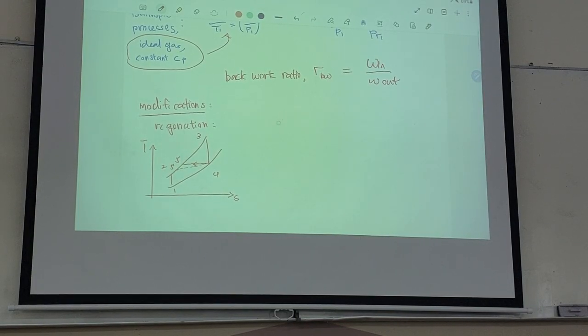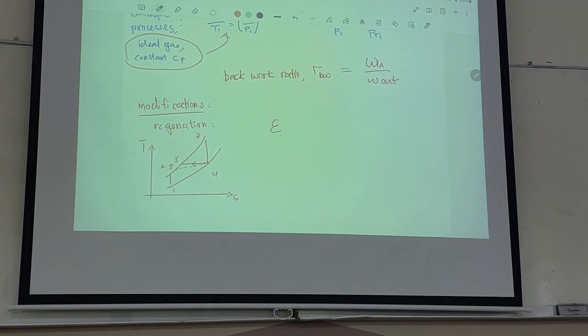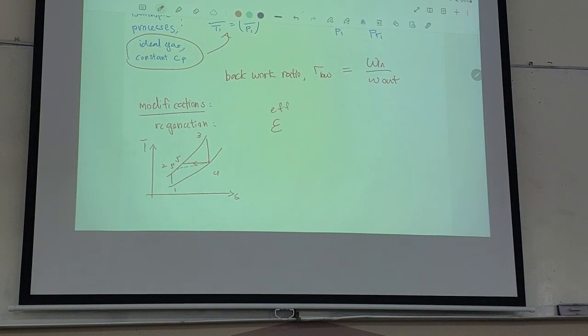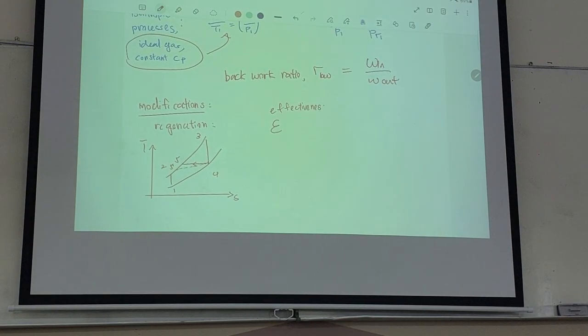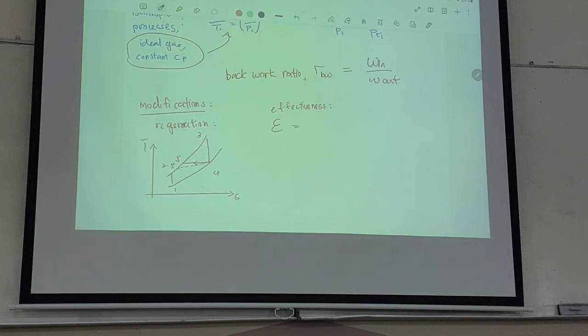So here you have another term, which is effectiveness. Effectiveness is how effective this regeneration is, how much heat it can heat up before you need heat addition, because Q in is over here.